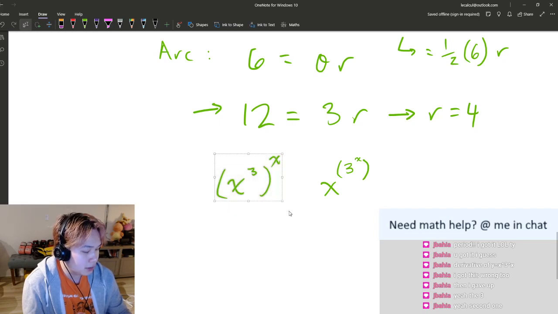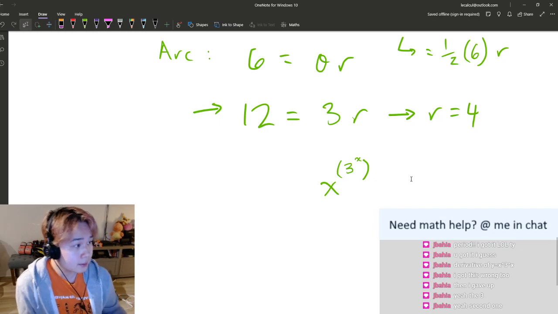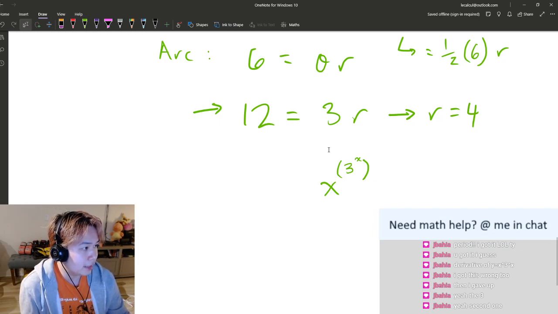It's a very similar process as the last one we did. You can't have x to another power of x, so you should log both sides and then take down the exponent and go from there.